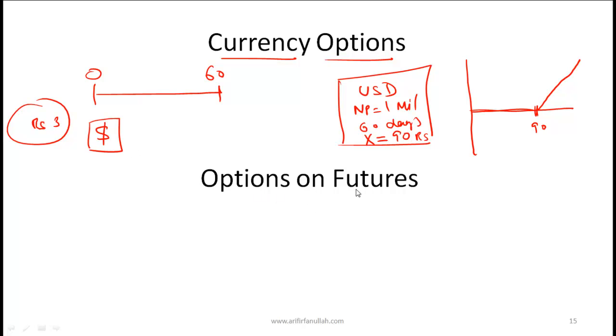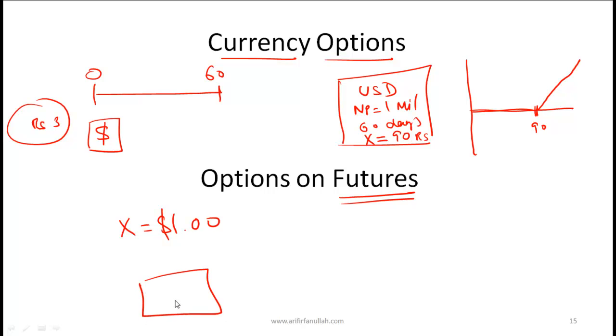Options on futures. Here we don't need to get into too much detail, but here the underlying is a futures contract. So if we are talking about say an option on a futures contract in cotton, the strike price here might be say $1. What this means is that the long party has the right to get into a particular futures contract.